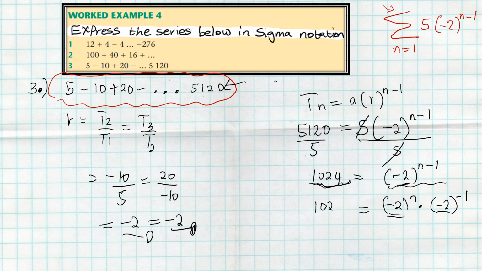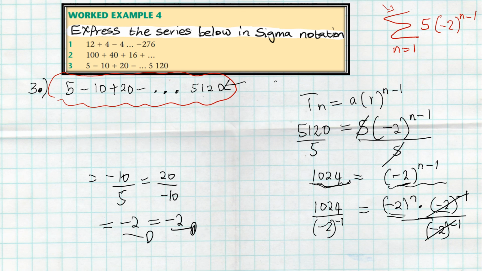So here we have 1024. This was a bit tricky, so we divide both sides by minus 2 exponent minus 1, divided by minus 2 exponent minus 1. This cancels out this, right? Let me write here. Okay, so that cancels out that.